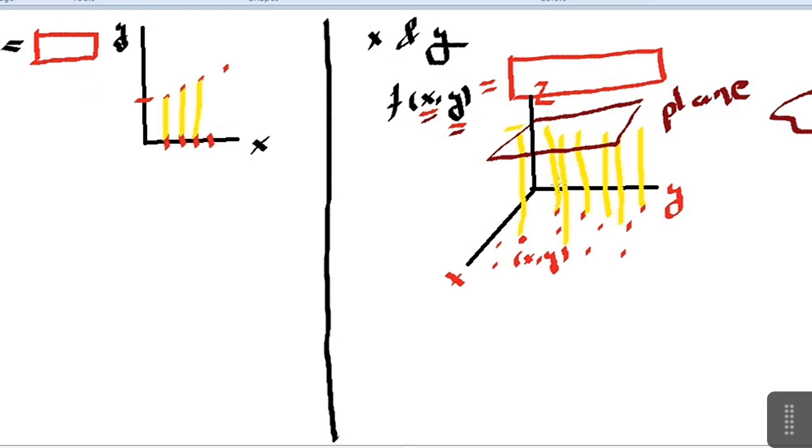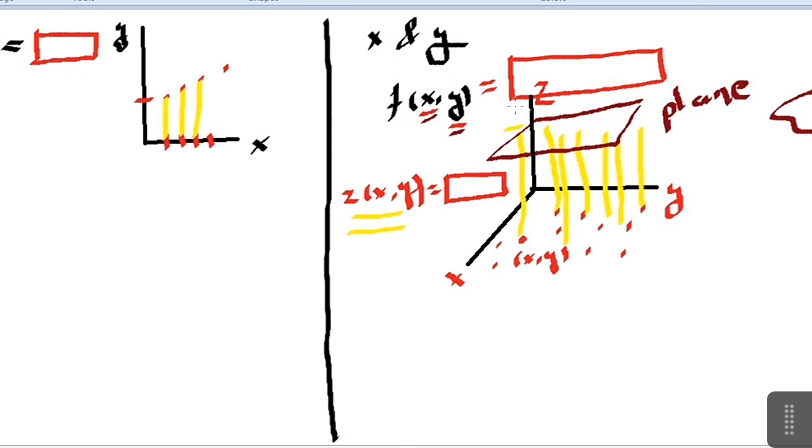So each f of x, y gives you a value of z. So this function can also be written as z as a function of x and y, with terms on the right hand side in terms of x and y. And when we join all these z points, which are heights, we get a plane.